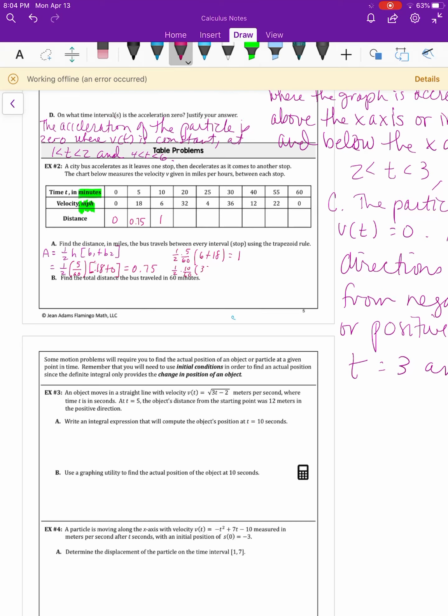And then our next one, 1/2 times, and when I take 20 minus 10, I get 10. Divide it by 60 to change it into hours. 32 plus 6. And for that one, I get 19/6, which is 3.166.